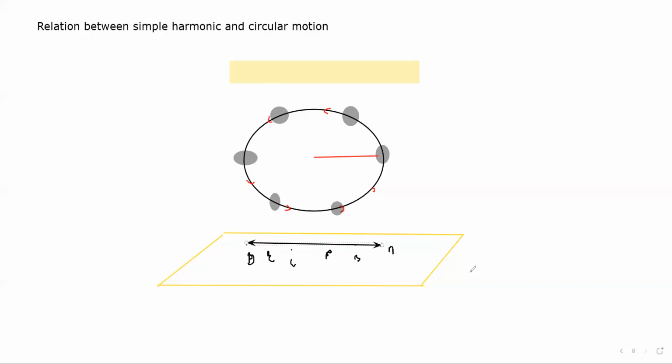So the shadow is performing a simple harmonic motion, in short SHM, where the object was moving in a circular path, having circular motion. If the radius of this circular path is r and the maximum displacement, the amplitude, is x.